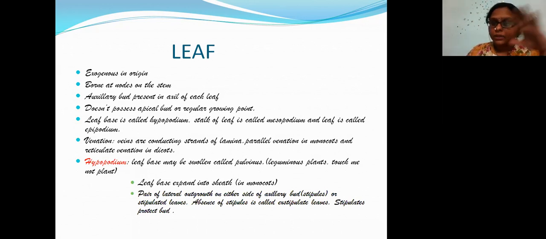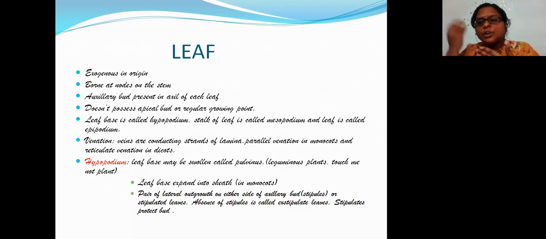They don't possess an apical bud, students. If you take a leaf, have you seen in the end portion, apical means the terminal. The leaf doesn't have any terminal bud. If it has a terminal bud, what will happen? It will just keep on growing, because wherever a bud is there, a new leaf or a new flower comes out.